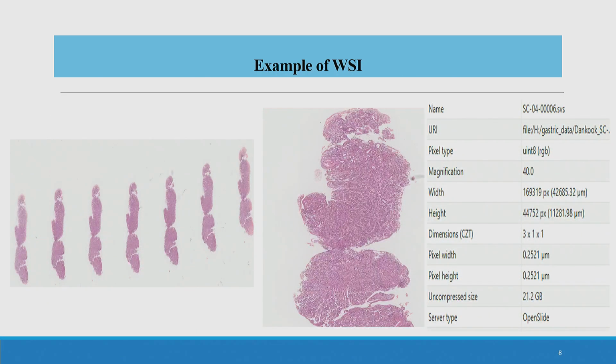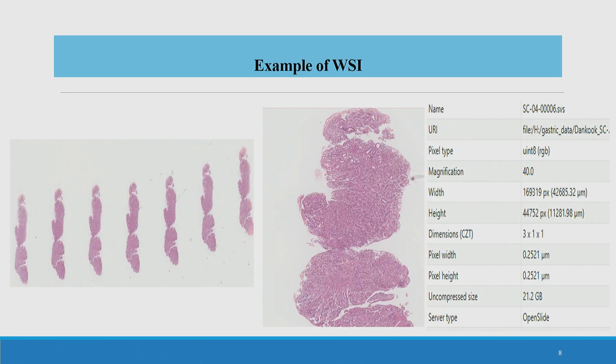You can see here the size of the image is 21.2 GB. This is our real data we took from the hospitals. For example, this is the name of the hospital and this is the ID of that hospital. So you can imagine 21 GB. If you watch a movie, a 2-hour movie is maybe 2 GB or 1.5 GB.